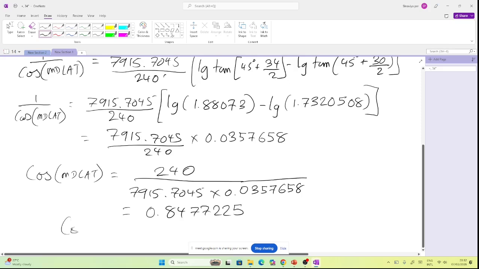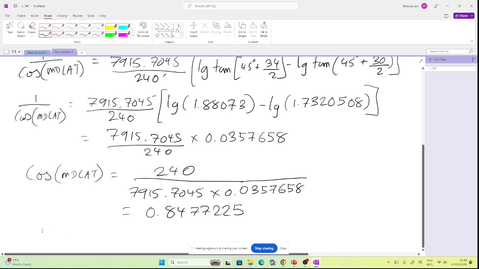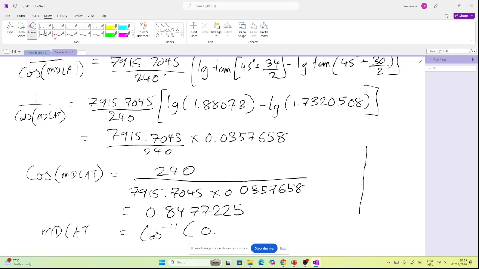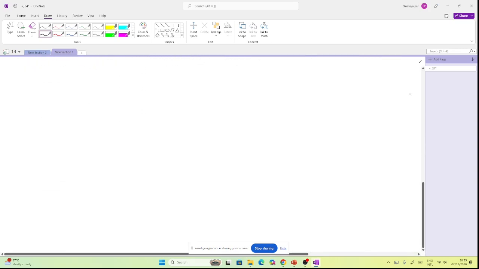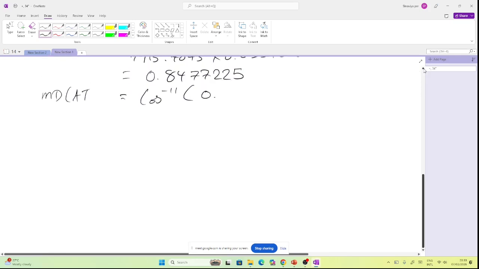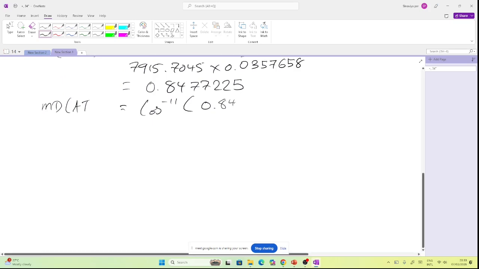0.84772225. So cos inverse MD latitude equals cos inverse 0.84772225.